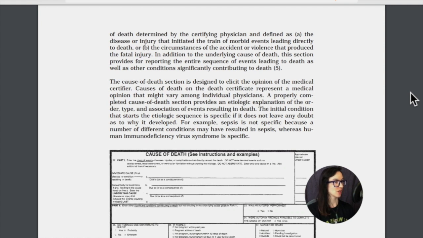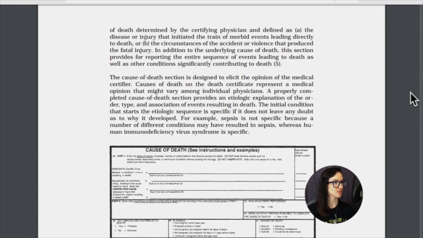In addition to the underlying cause of death, this section provides for reporting the entire sequence of events leading to death, as well as other conditions significantly contributing to death. The cause of death section is designed to elicit the opinion of the medical certifier. Causes of death on the death certificate represent a medical opinion that may vary among individual physicians.